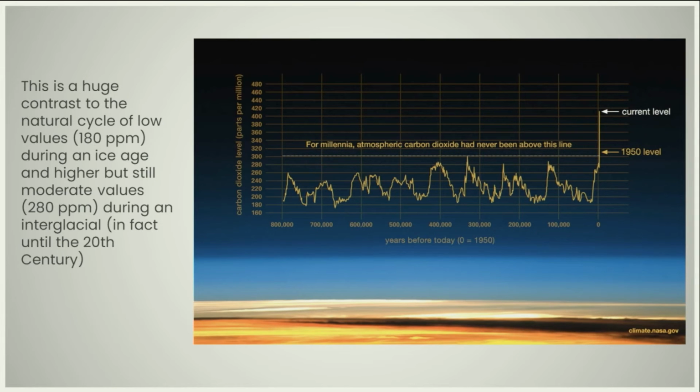So here we see it, and what we can see is a kind of sawtooth pattern. If we look on the right-hand side here, we see that the carbon dioxide level in the atmosphere was about 280 parts per million during the warm periods.